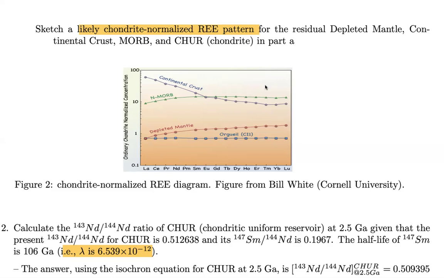Anyway, you can get this answer, but I'm not sure why this 5.508 came. 0.509 something should be the answer. You check it again, because there may be some mistake somewhere, because I cannot accept 0.508.